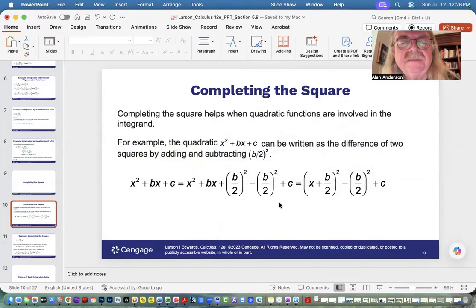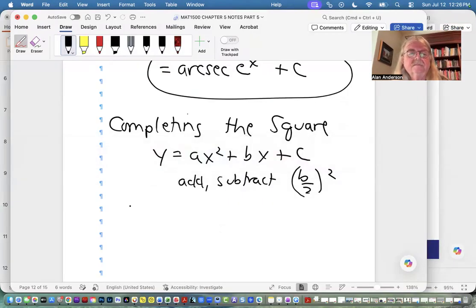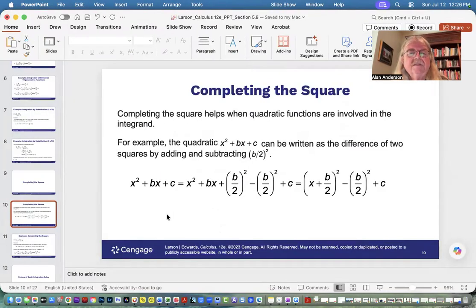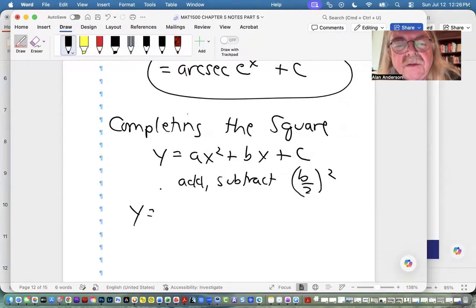Okay, so this is what it becomes. So it looks like they're assuming that a is 1. So let's rewrite it like that.